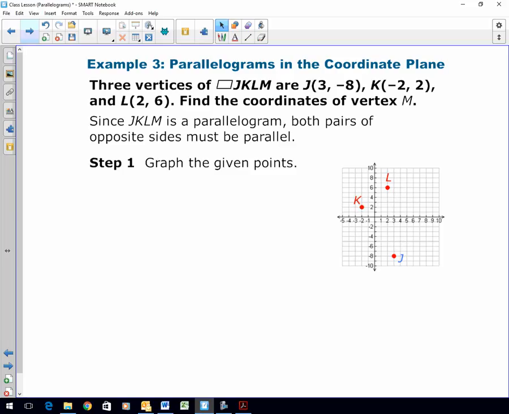Find M. Let's talk about the easiest way to find M. In a parallelogram, the opposite sides are parallel and congruent. I can use my distance formula, but then when I use my distance formula, I got to solve for a variable.